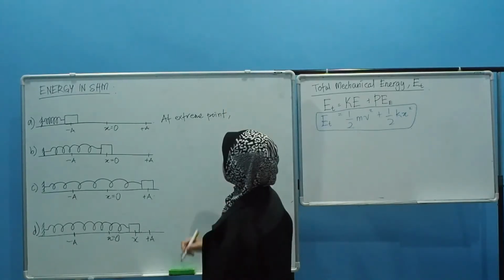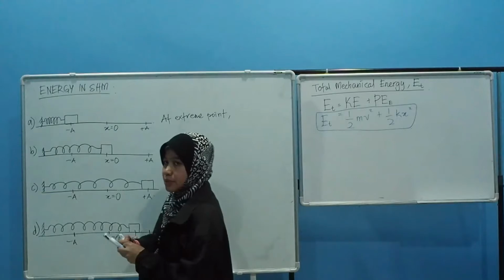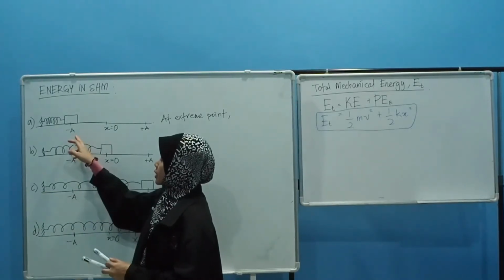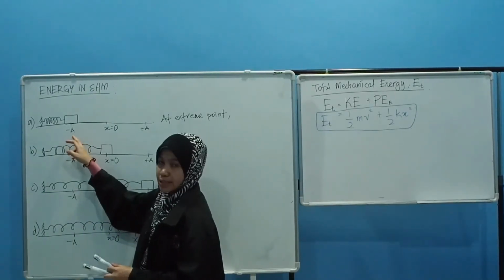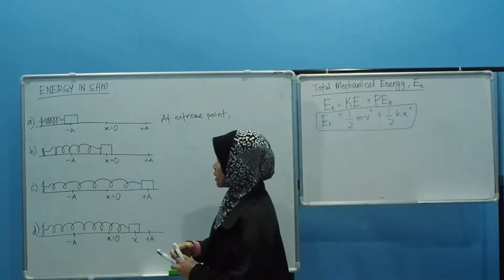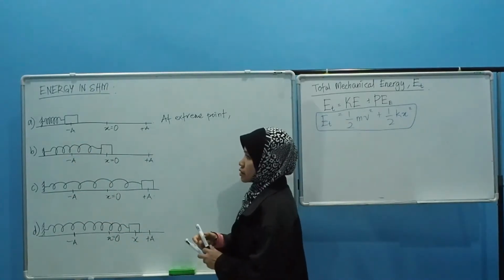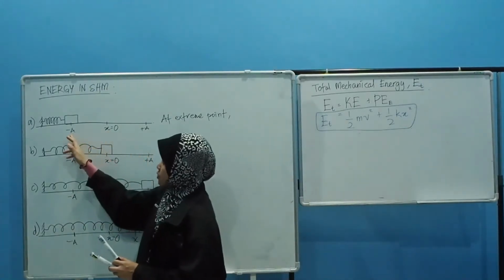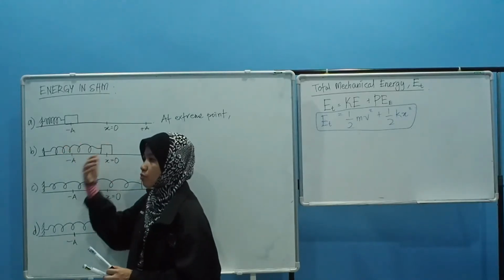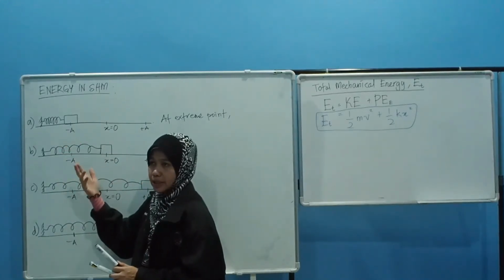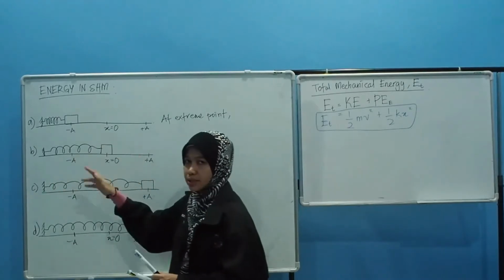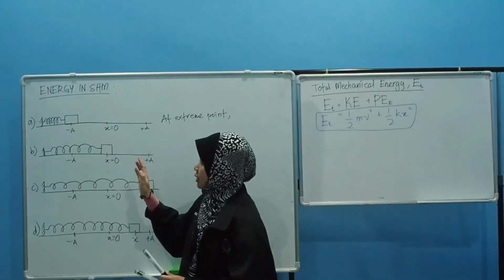An extreme point means at x is equal to minus A. The object here will stop momentarily as it changes direction.